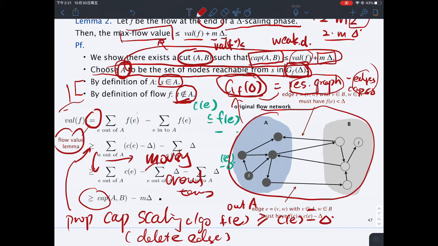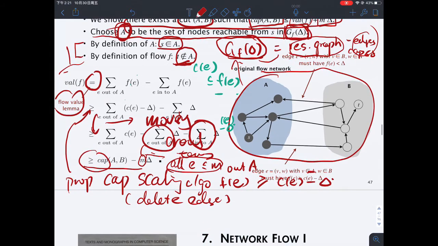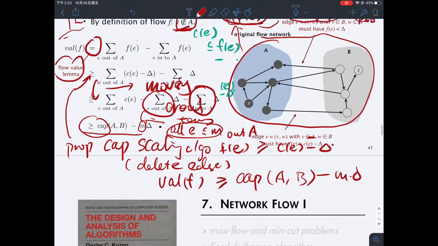The fourth one is using the fact that if I sum up over all the e's, it won't be larger than the total number of edges. So it's solely that all the e are smaller than the number of edges here. With all this, we managed to establish that the value of F is at least as large as the capacity of A and B minus M times delta.